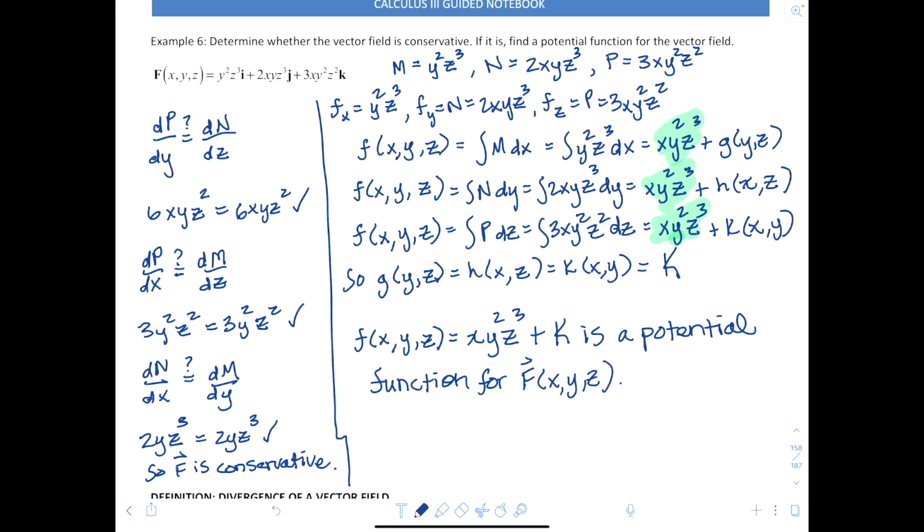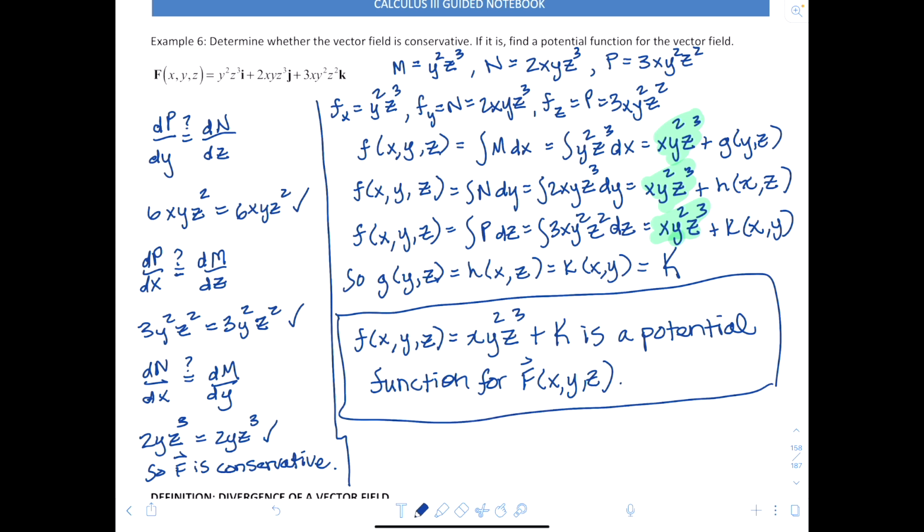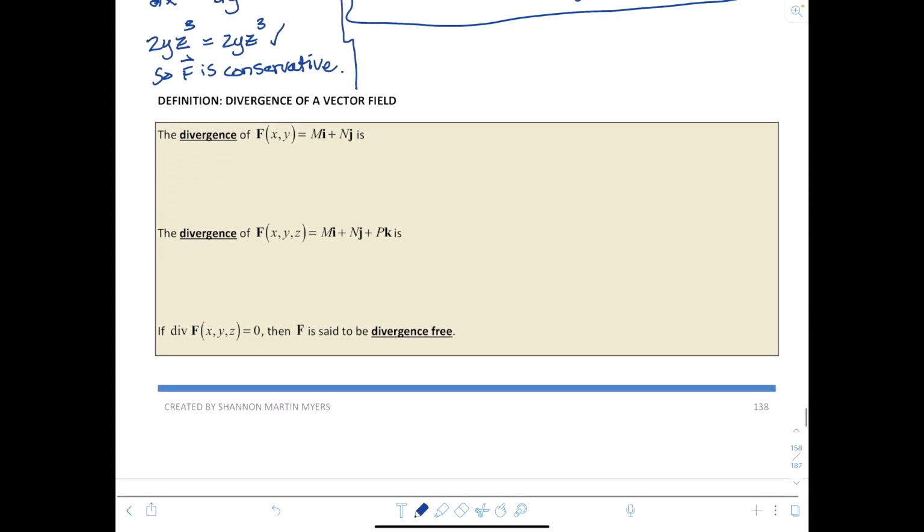Cool. Cool, cool? All right, now we're on divergence of a vector field.